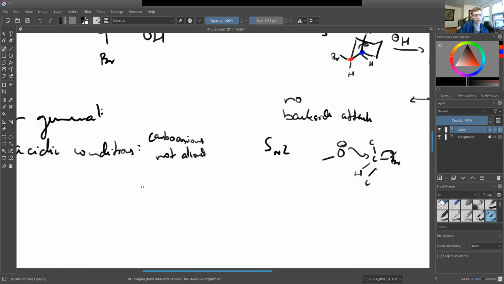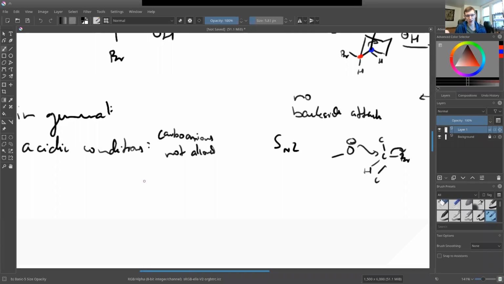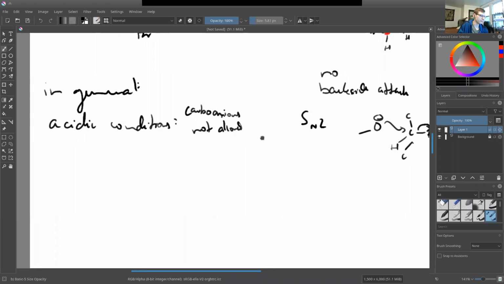The reason being is that if you have a carbanion, a minus charge, it'll instantly get protonated because you have a bunch of hydrogens floating around, right? So you're not allowed to draw carbanions.